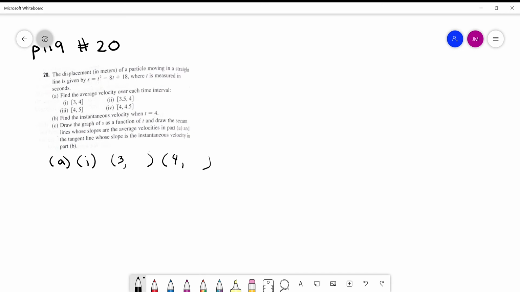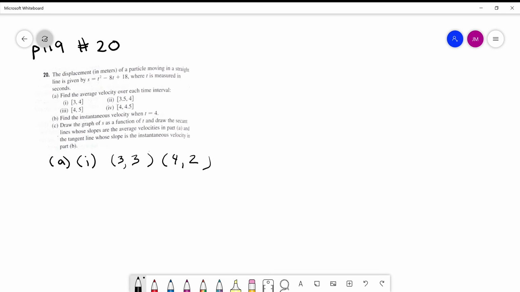You could go into your home screen and type all of those values in, but my suggestion would be to go to your y equals screen, drop your function in, and create a table. It's much faster to input multiple x values at the same time. So when we input the value of 3, we're left with the y value of 3. When we input the value of 4, we're left with the output of 2.